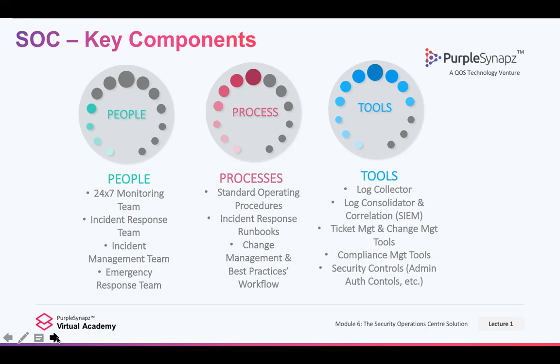Then there are incident response books or run books, which basically say, if you see something which resembles a phishing action, then do this. It's not a standard operating procedure, but more of an interactive procedure. There is something which you will do, and then the outcome of that will decide whether you need to move to step B or step C subsequently.